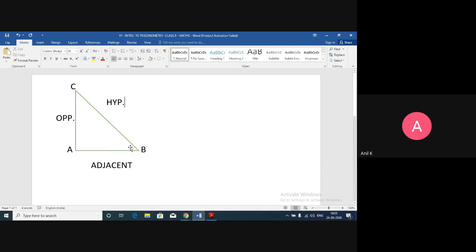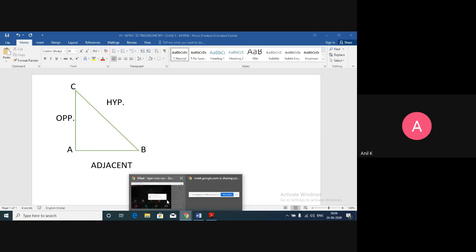Is that clear? AB is the adjacent side. I am talking with respect to angle B, because adjacent means this angle is formed with the help of AB and BC. So this side is just adjacent to angle B. That's why we call it adjacent. And this AC side is opposite to angle B. So that's why we call it the opposite side. If I want to talk with respect to angle C, then AC will be the adjacent side and AB will be the opposite side.